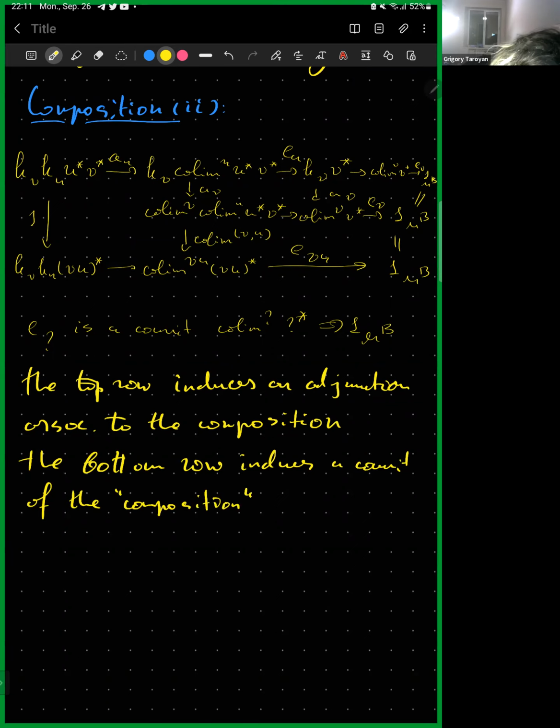This shows that indeed the composition of derived adjunctions is the derived adjunction of the composition.